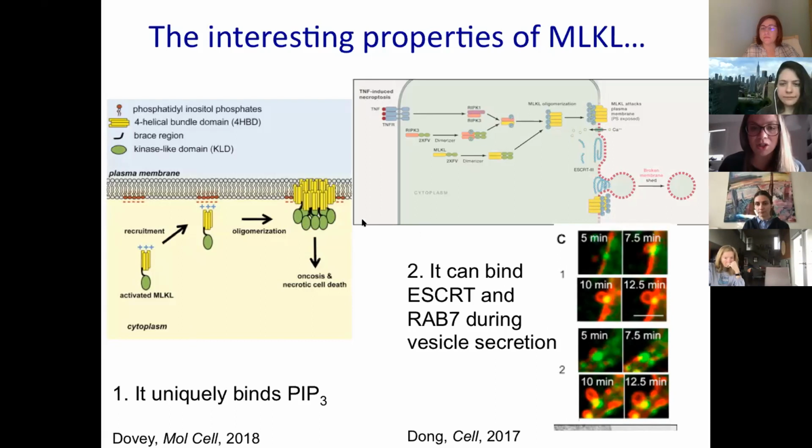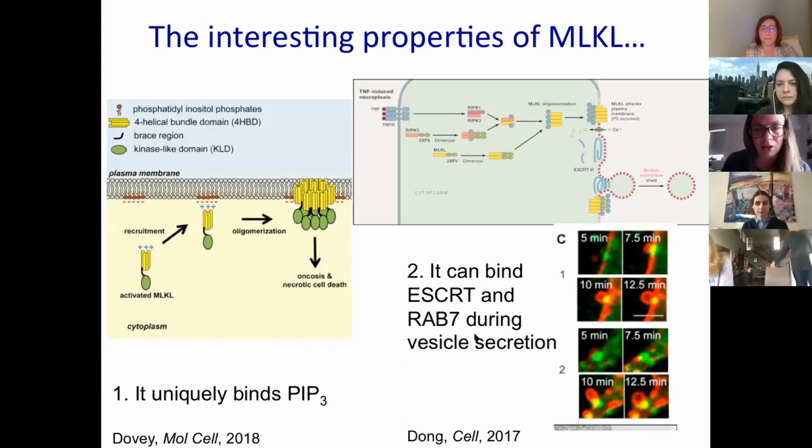So it's not just that MLKL goes to the membrane and punches holes, but it is interacting with ESCRT machinery, the multivesicular bodies, and secretion of vesicles. Now, a lot of this had been done mostly in the context of cell death, so this was maybe how a cell executed death or avoided death. And nobody really knew if this had anything to do with any other function of MLKL.